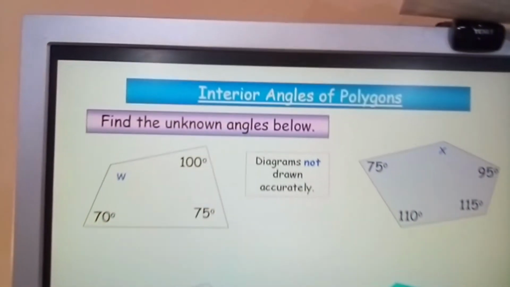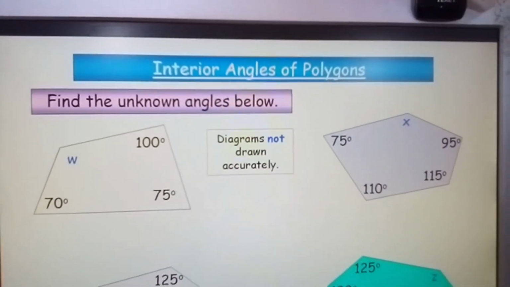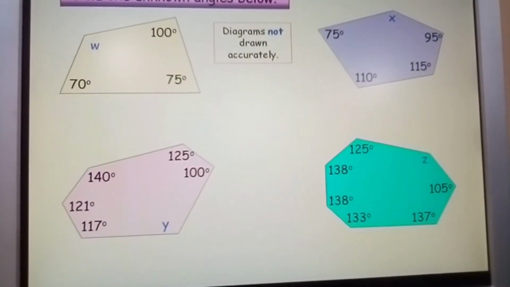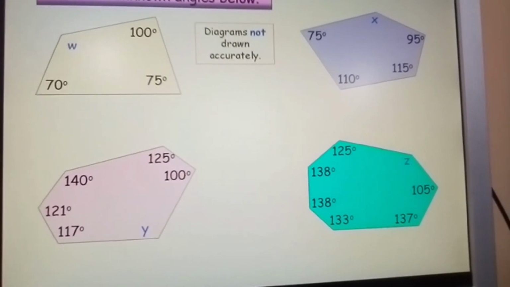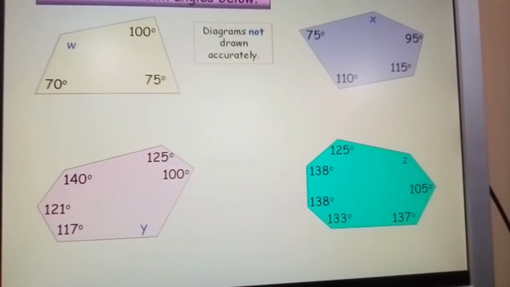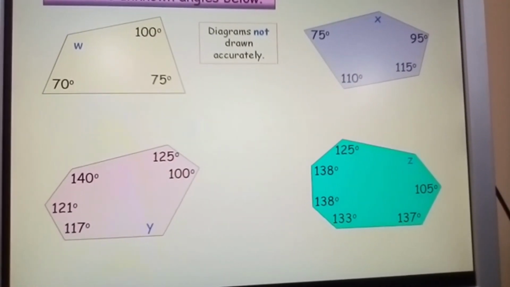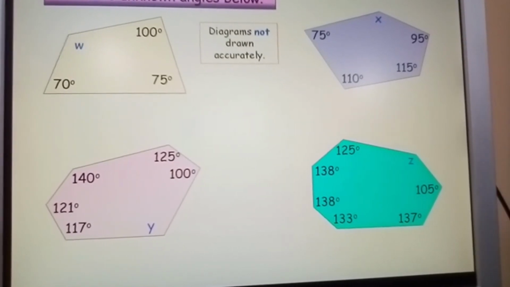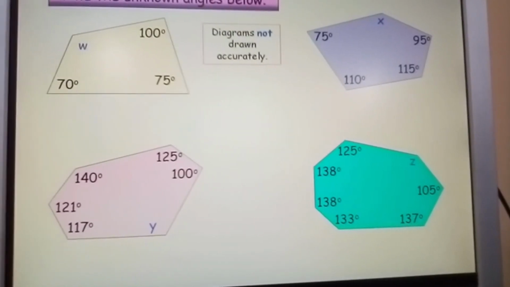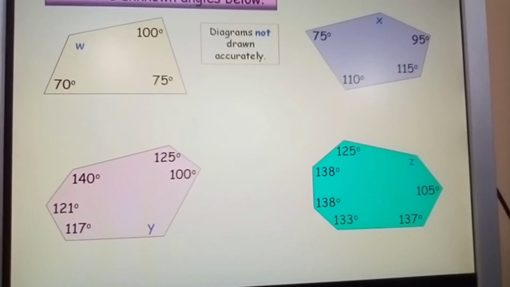And again, we're still looking at interior angles of polygons. And here we have to find the unknown angles. Now the diagrams are not drawn to scale, okay? They're just drawn freehand.